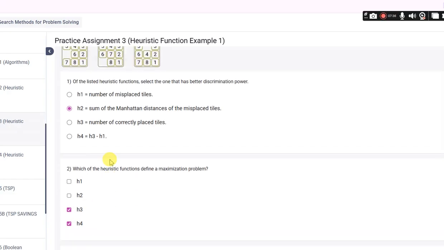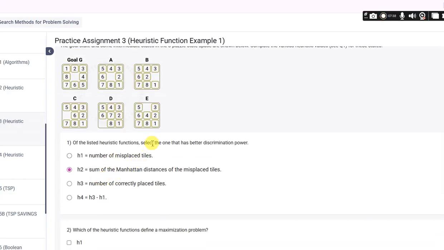Of course h3 and h4, because h3 is number of correctly placed tiles. So it's a maximization. If correctly placed tiles is maximized, then we are closer to the goal state. And h4 is also a maximization problem. Why? Because it is h3 minus h1. h1 is misplaced, but h3 is number of correctly placed.